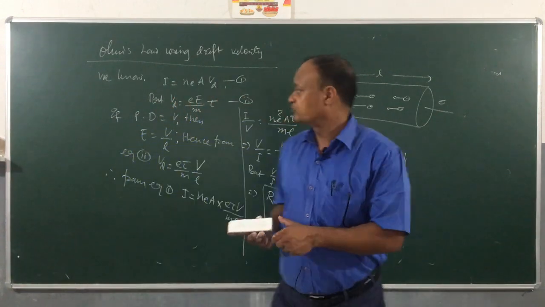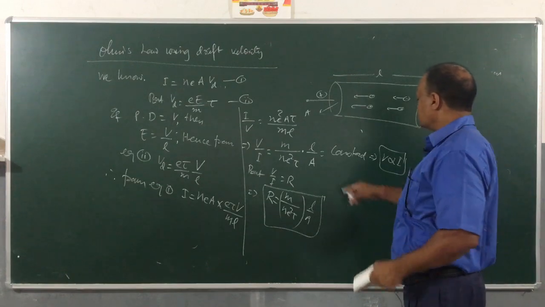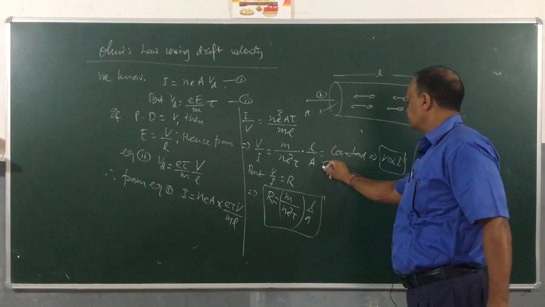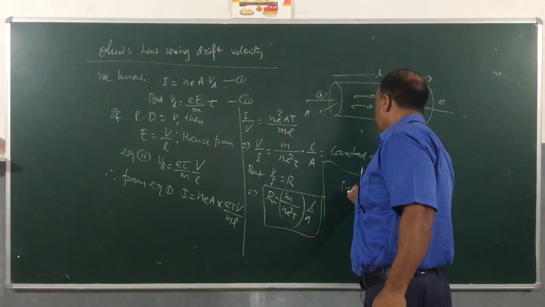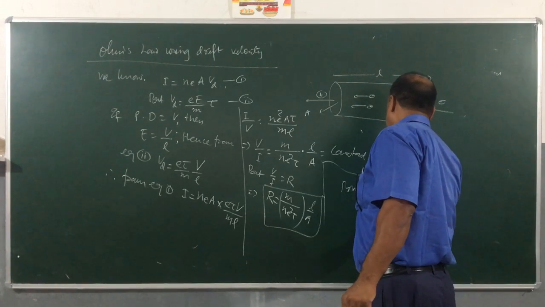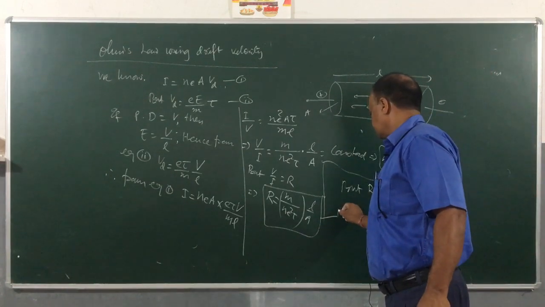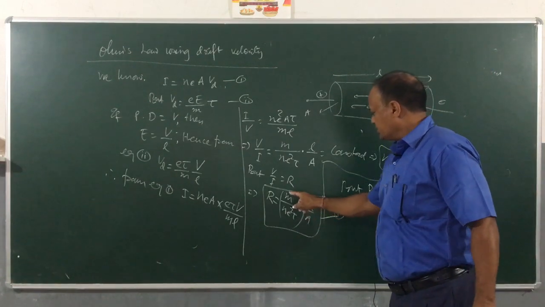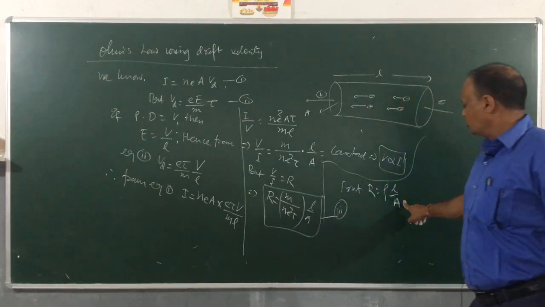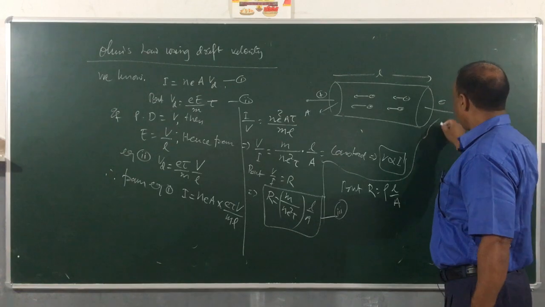Now, let us see here, but we already know, we have R is equal to rho into L by A. This is equation 3. R is this much and also R is equal to rho into L by A. So, if I equate, then I get a very important relation.